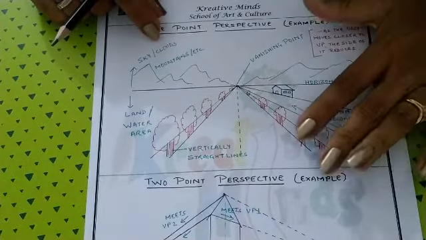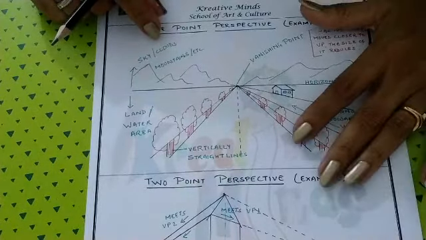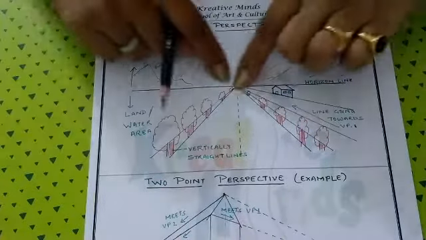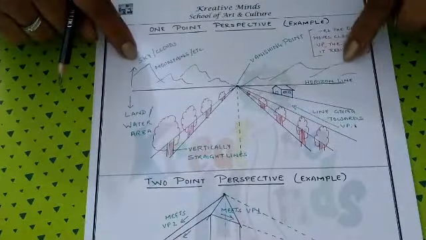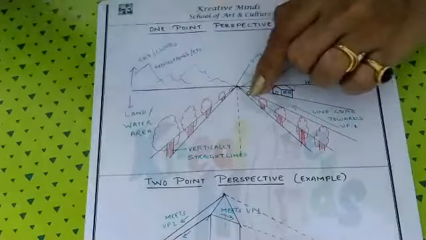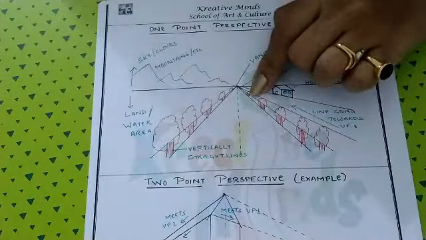So while drawing a one-point perspective, we have to keep in mind that every single line will come and meet the vanishing point. Even if you see the mountains, it's all going in a triangle. Everything is coming and meeting the vanishing point. And that is very important.